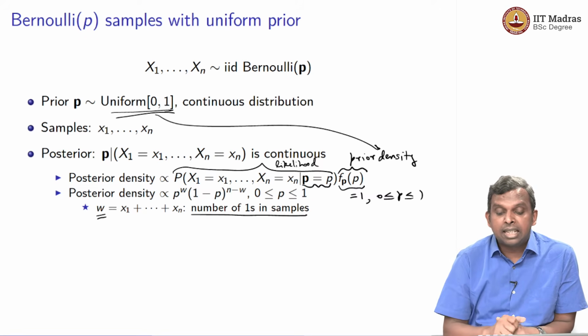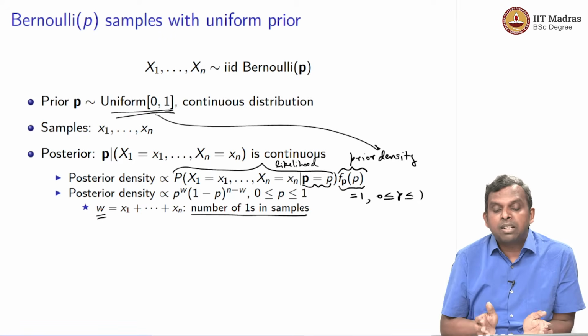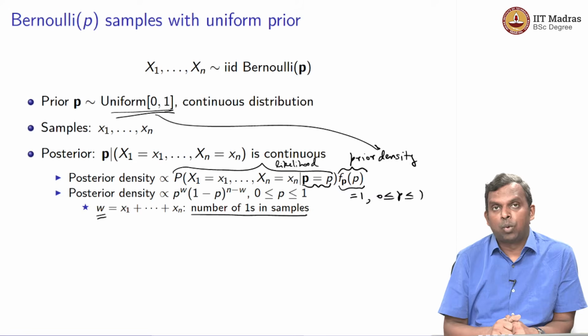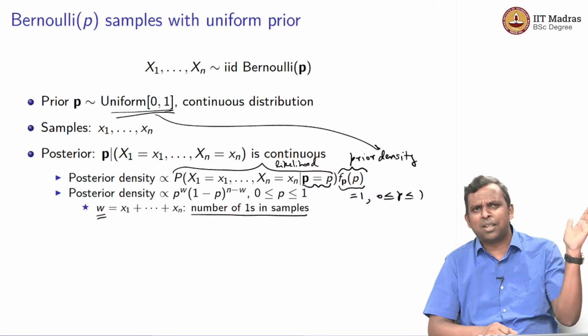So the posterior density is proportional to p to the power w times (1 minus p) to the power n minus w, for p between 0 and 1. This density we have seen before. You can go back and look at the densities that we saw before.